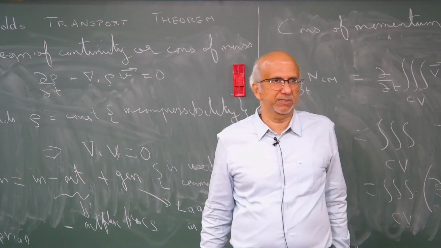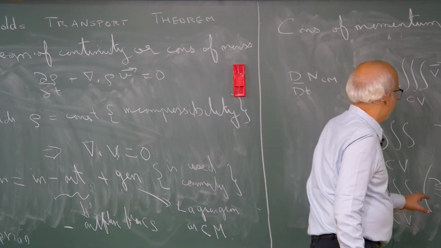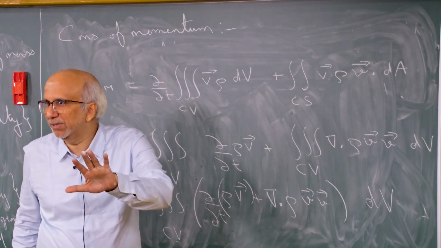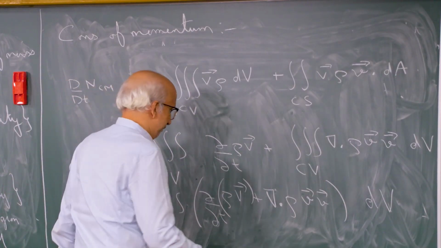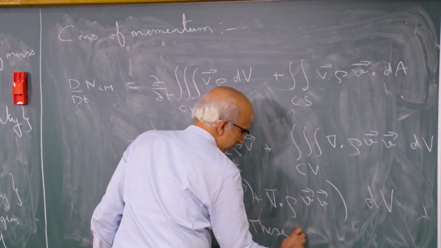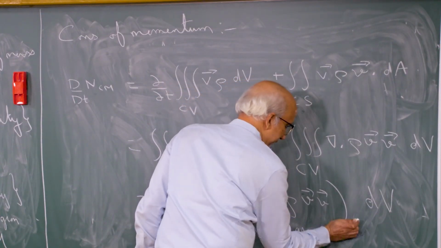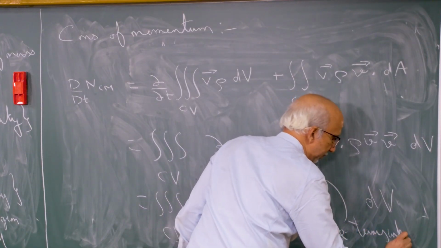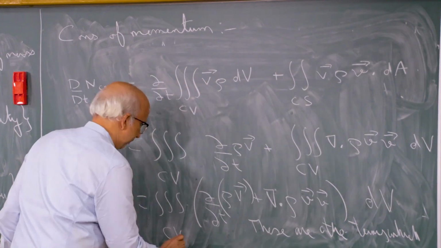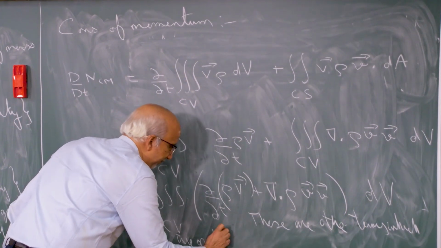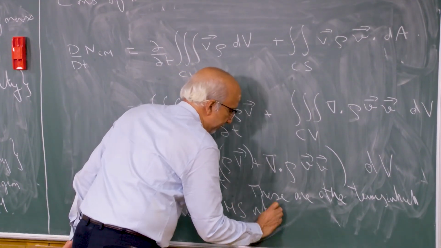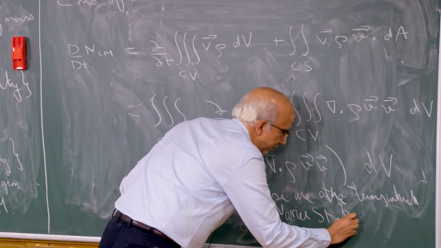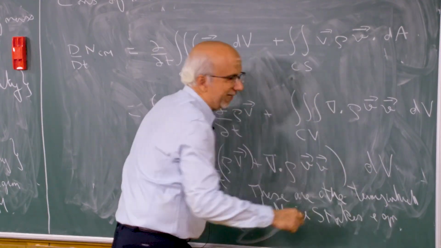We have to make some manipulations, but you will see that these are the terms usually associated with the left hand side of the Navier-Stokes equation. We will see that.